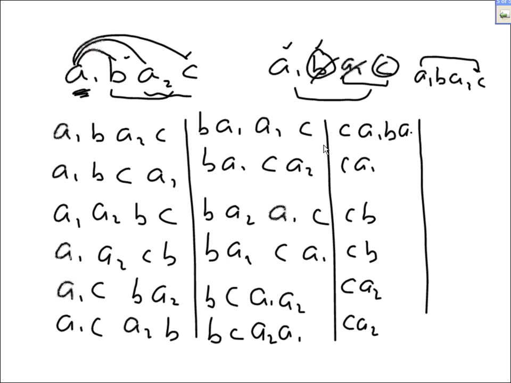You can have B and A2, A2 and B. If you have B and C first, then the last 2 have to be A1 and A2. You can have those 2 in that order, or you can have in that order. If you have C and A2 first and second, A1 and B remain. You can have A1 and B, or you can have B and A1. That group is where C is first.